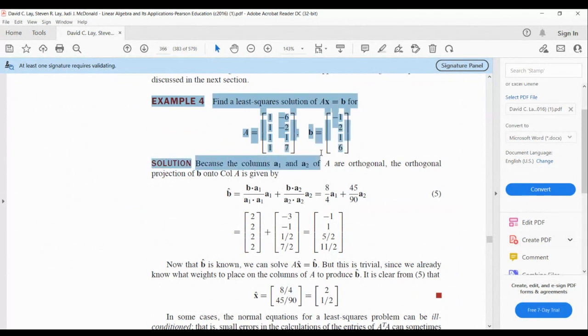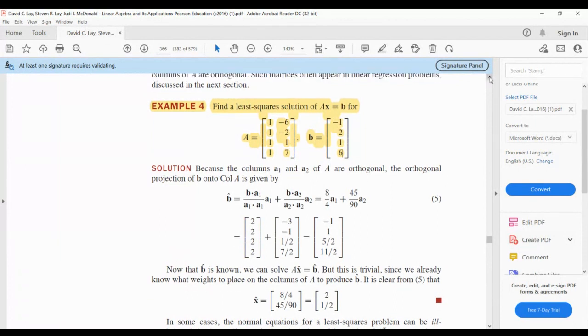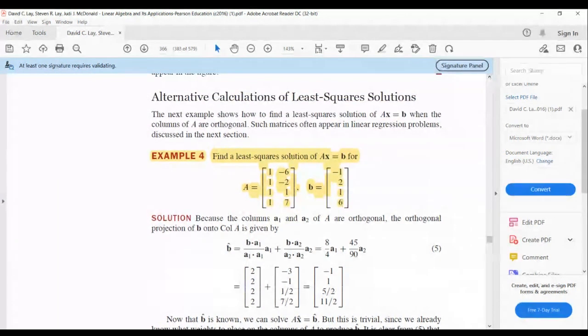So example 4 here says, well, they talk about alternative calculations for least squares solutions.